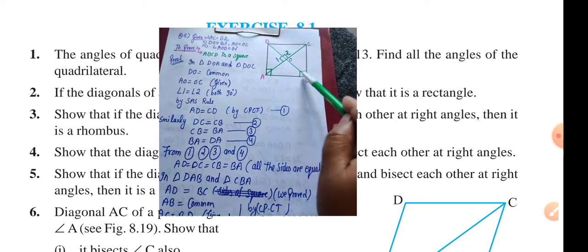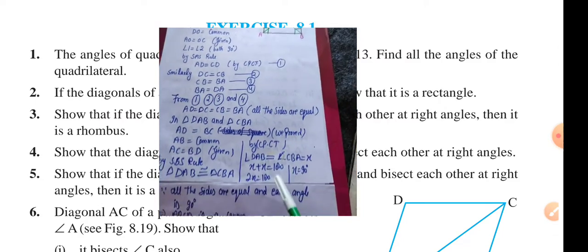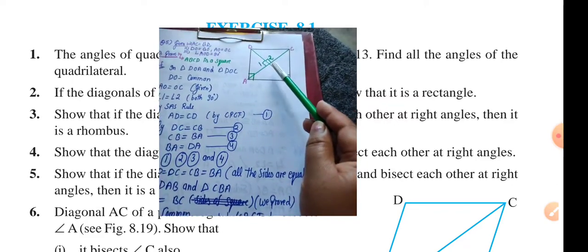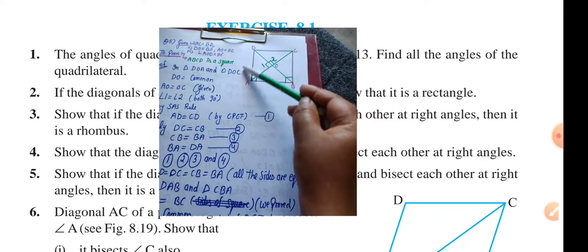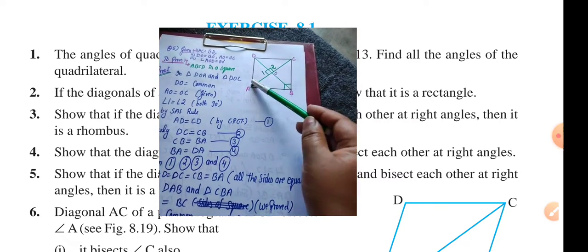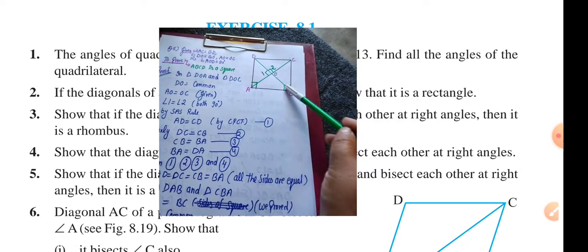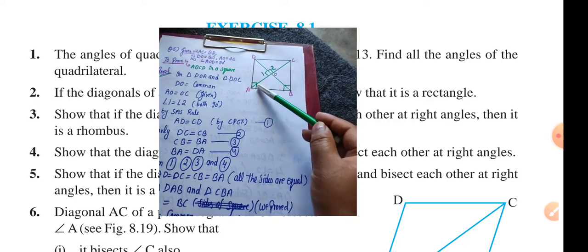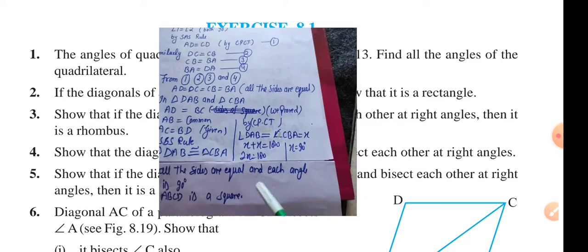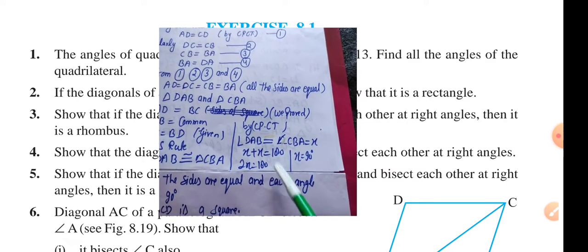If both the angles are equal, we can assume each angle as x. Since all the sides are equal, it is a rhombus, so we can apply the parallel line concept also. These two angles can be assumed as co-interior angles, and the sum of these two co-interior angles will be 180 degrees.